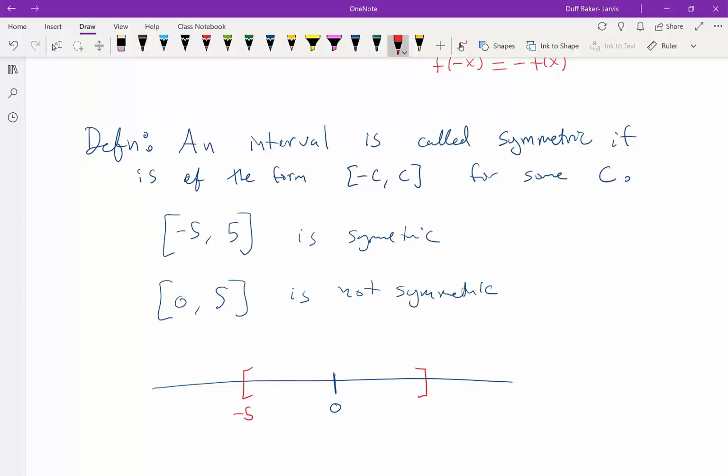It's symmetric about 0. This distance is the same as this distance, and that's why we call it symmetric. It's just terminology that helps us keep the core concept. So an interval is called symmetric if it goes from a number to its negative, or from the negative of the number to the number itself.